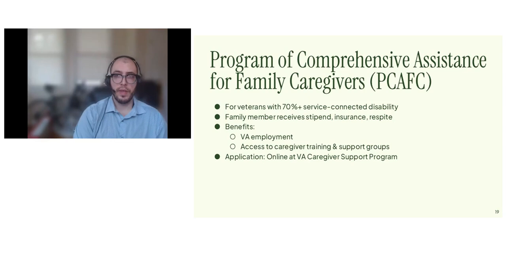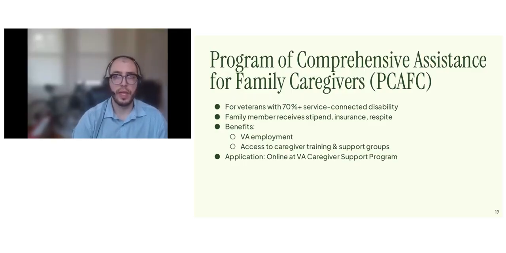Under this program, the family member who is already providing care to that veteran receives a stipend, they receive health insurance, and they receive a certain number of respite hours. Last I checked, it was up to 30 days of respite. So just like Lakeland was mentioning with Mr. P's story, those family members, while they are able to receive payment and insurance, need to live their lives too.